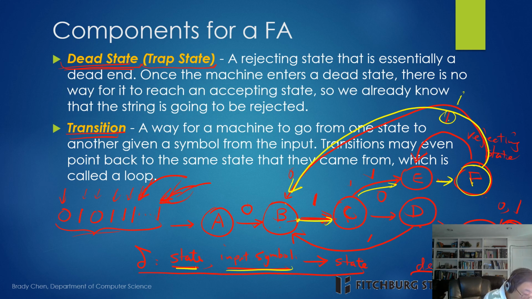So the state F combined with the input symbol takes us back to the state B. So it can actually move back, and that's called a loop.